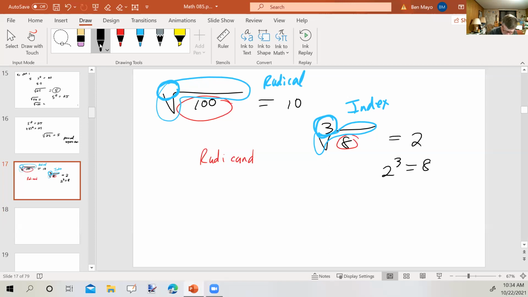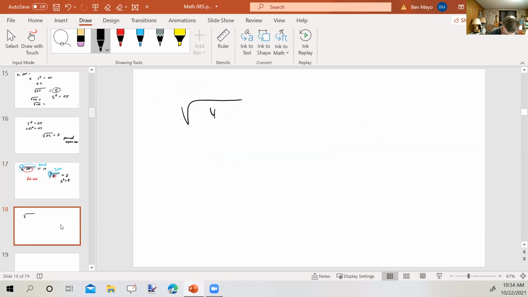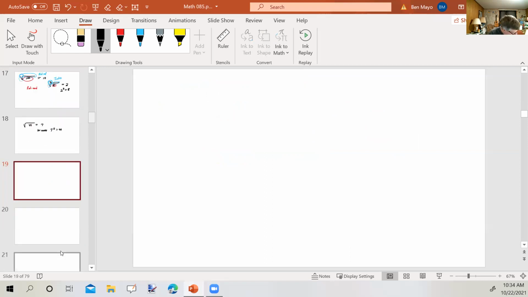All right. So how about this? The square root of 49. So that would be 7 because 7 squared is 49. Now, how about this? Negative the square root of 64.